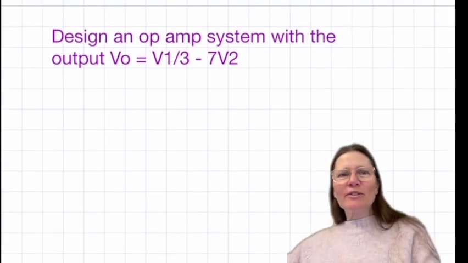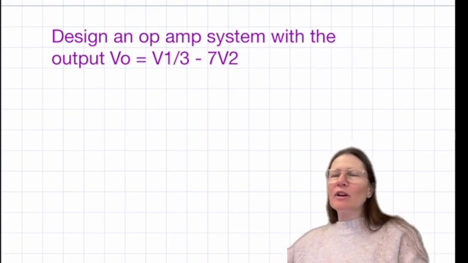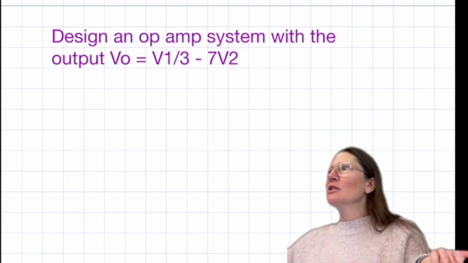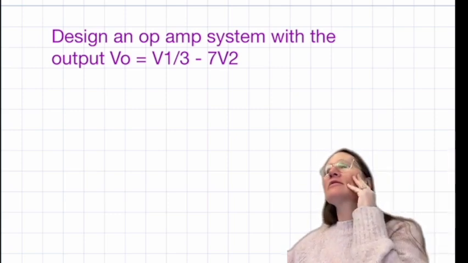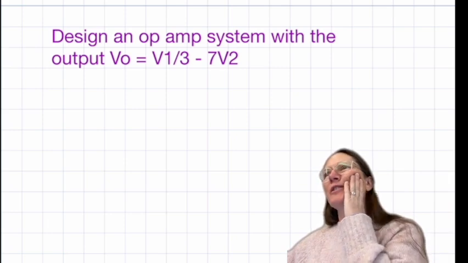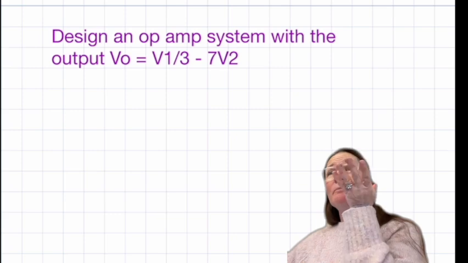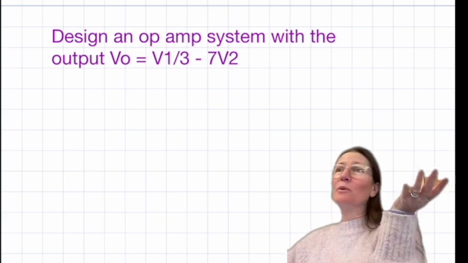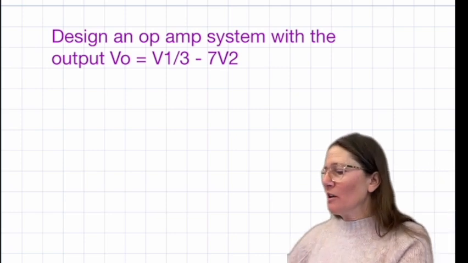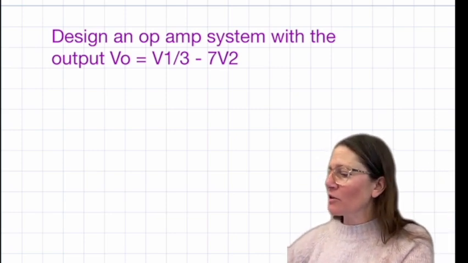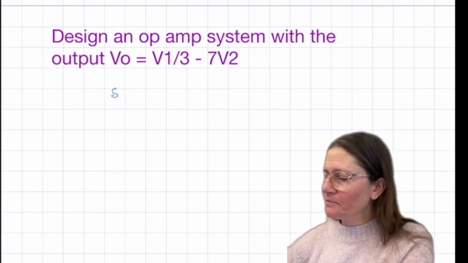So with designing an op-amp system, you get a mathematical expression, you then want to say, how can I even create this? Okay, so you see that there's a subtraction, so you're probably thinking a subtractor needs to be in there. Then you want to see, can I create a subtractor?